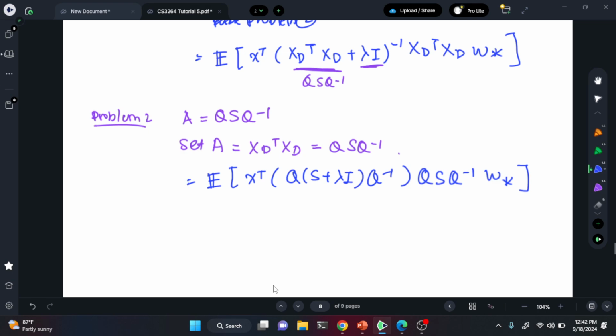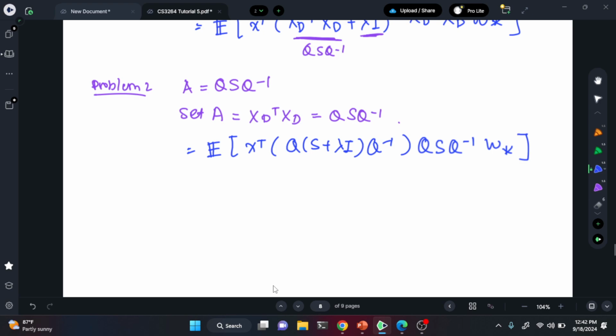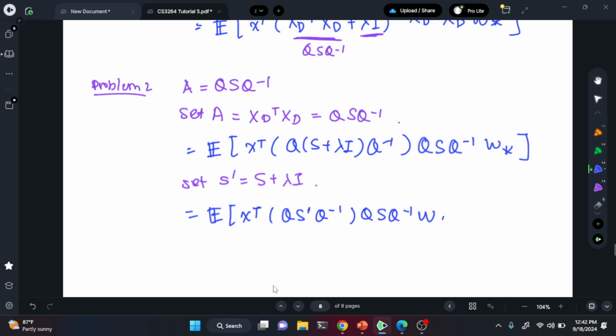When this happens, the next part I want to do is make another assumption. We set this S prime to be equal to my S plus lambda I, solely because it will be easier to see later on. So now this will become expectation of small x^T Q S prime Q^-1 Q S Q^-1 w star.